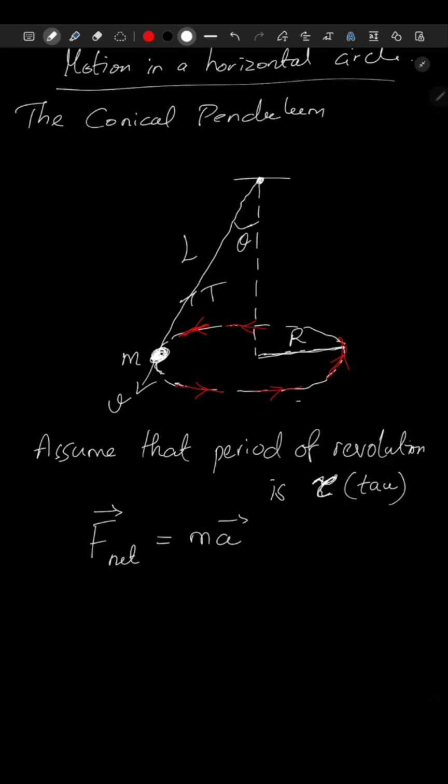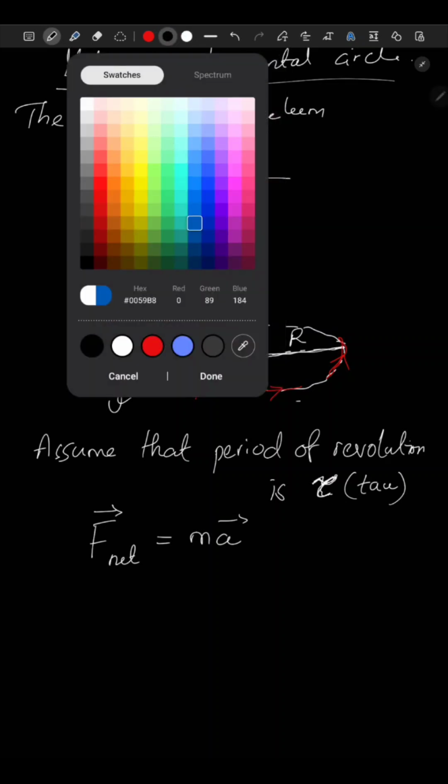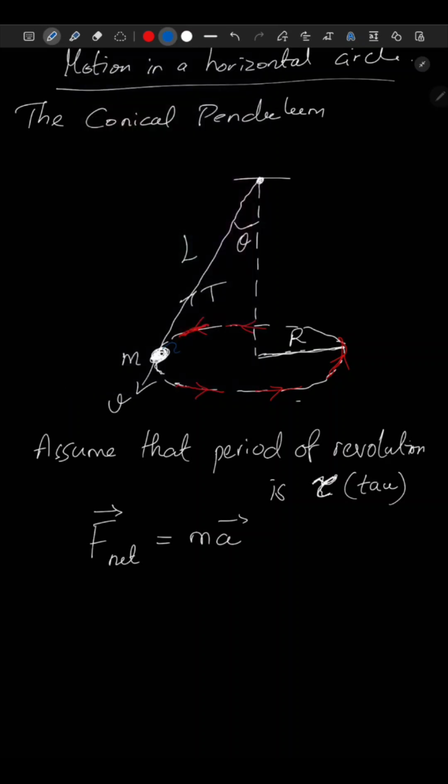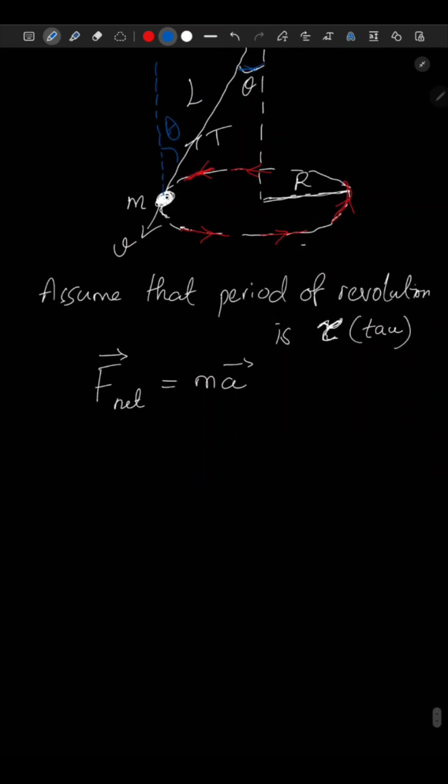Now, what forces are acting in this diagram? So let's see the forces that are acting here. If this is theta, we can say that this is also theta by geometry.